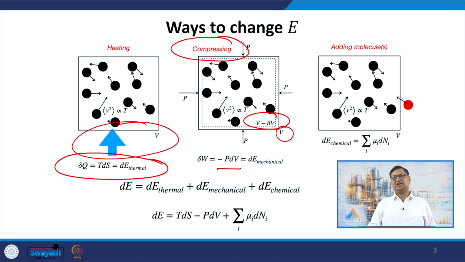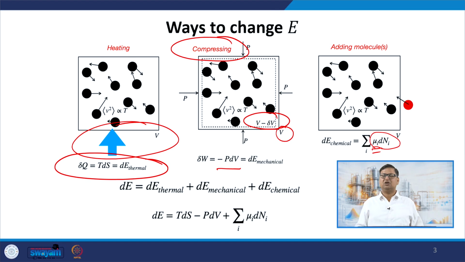Any molecule that we add in the system will basically lead to an energy difference equal to the chemical potential, and therefore, if I add a certain number of molecules of that species, it is going to have chemical potential leading to an energy change of mu_i dN_i, which we can associate as a chemical energy for component i, and this we can do for different components in the system.